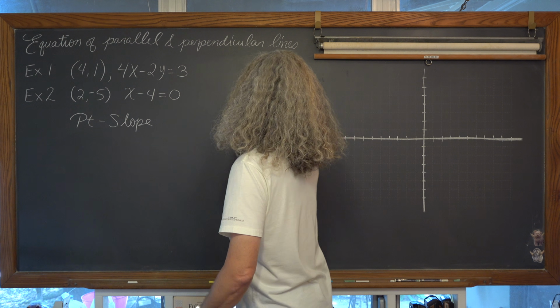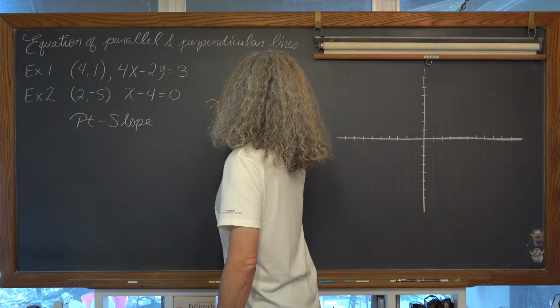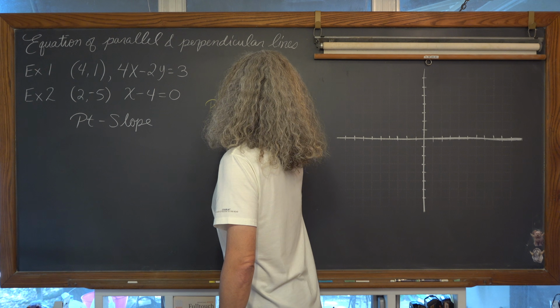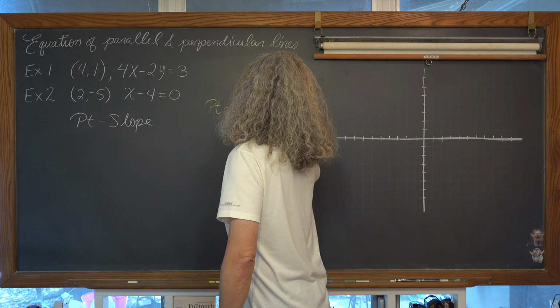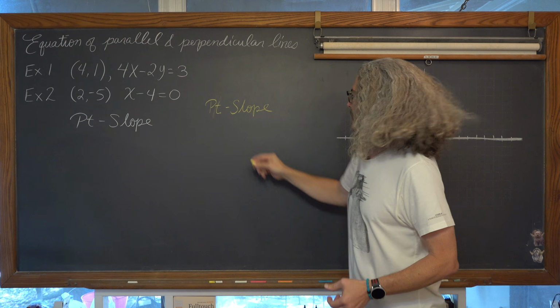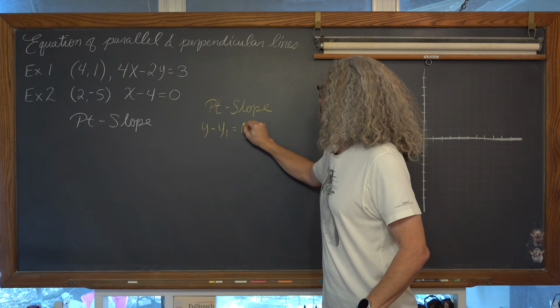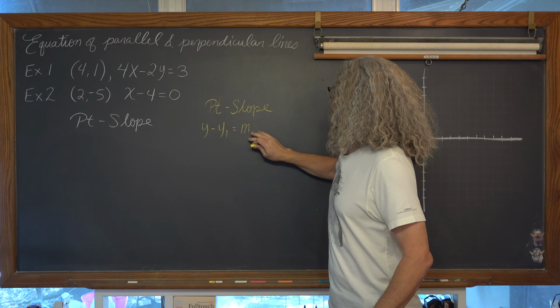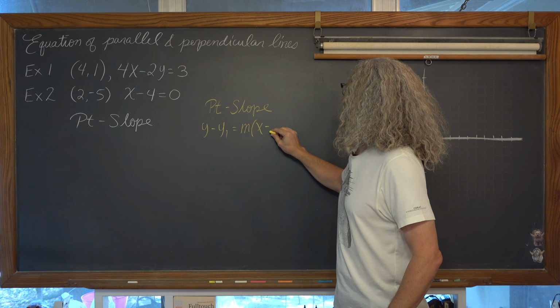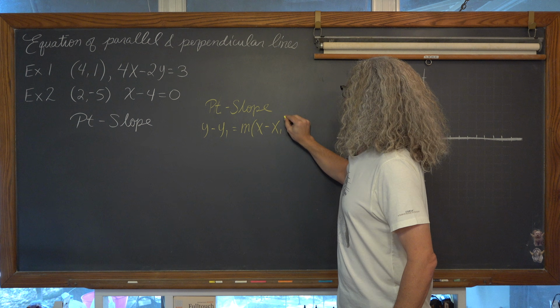So what is point-slope form of a line? Point-slope form of a line is y minus y sub 1 is equal to m times x minus x sub 1.